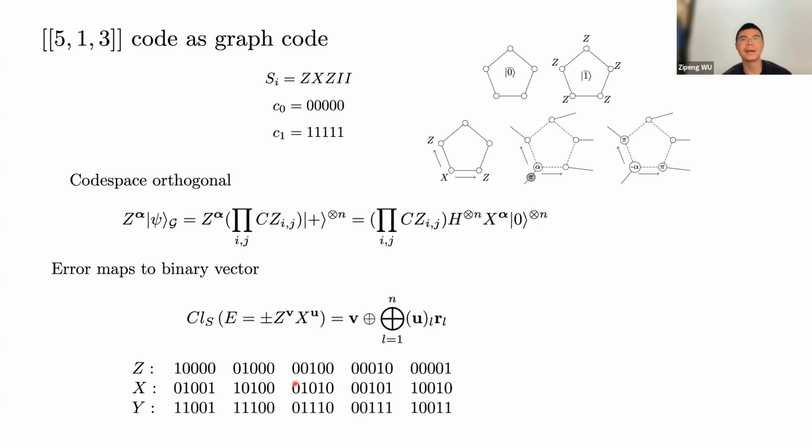No, I think first the logical operator for the general graph code is hard to get. You can get the logical X, you can get the logical Z, but the logical Hadamard is still hard to find.